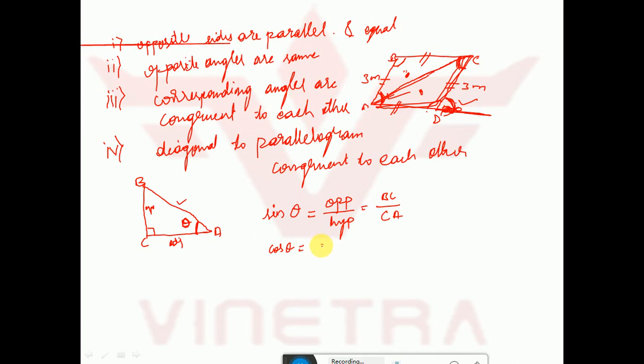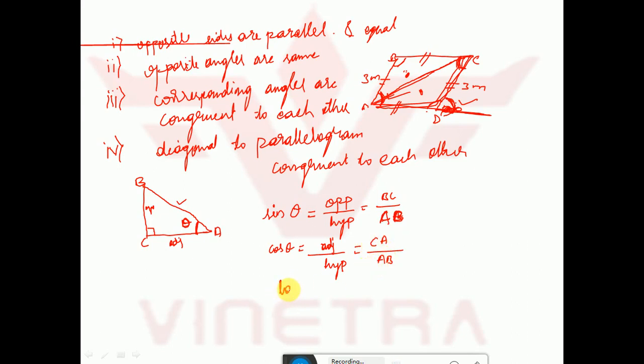So cos theta is defined by adjacent divided by hypotenuse, where adjacent is CA divided by hypotenuse AB. Sorry, here also the hypotenuse is AB. So sine theta is BC divided by AB and cos theta is CA divided by AB.